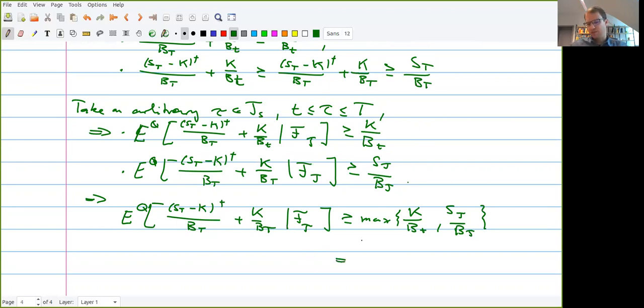Well, this maximum is nothing else than here my European put payoff at stopping time tau discounted by B tau, plus S tau normalized. So the discounted price process at time tau.